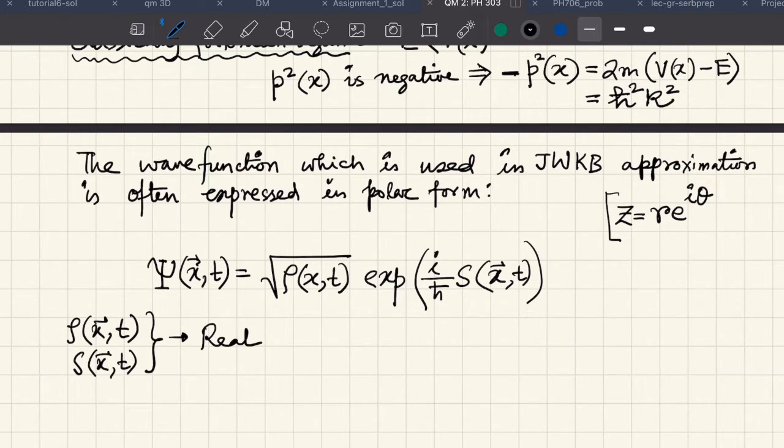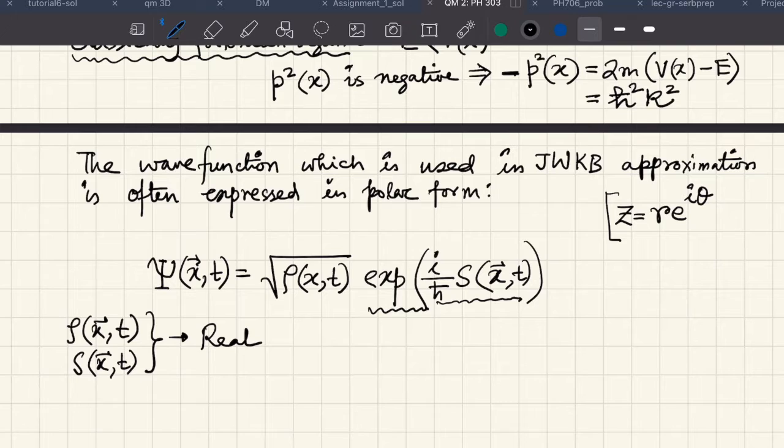The function ρ also is non-negative, and the function S has the dimension of angular momentum, because you know that the exponential function always has some dimensionless quantity sitting in it.